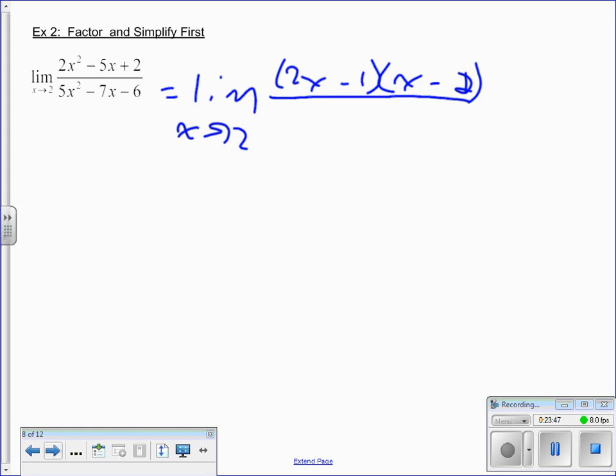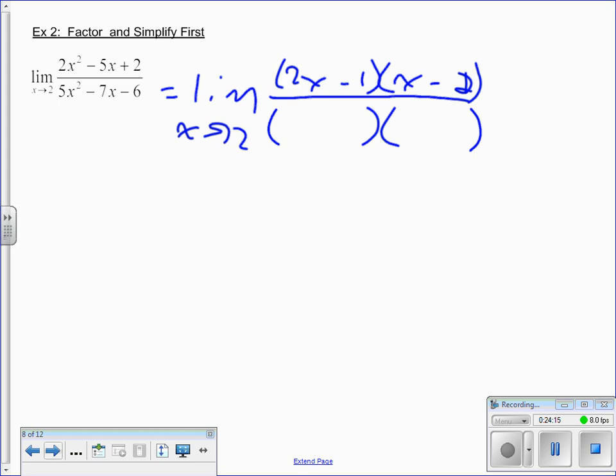You will need to be really good at factoring. Does the factoring work on that one? It's a 1. So it's 2x minus 1, x minus 2. So that gives me negative 4x, negative 1x. That gives me negative 5x. I'm good.